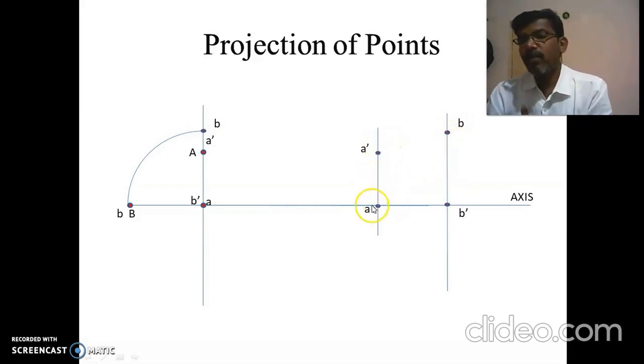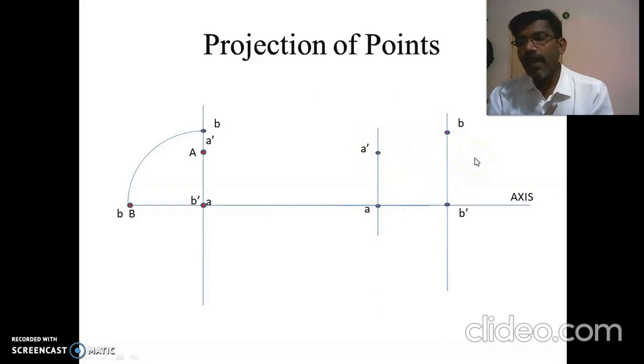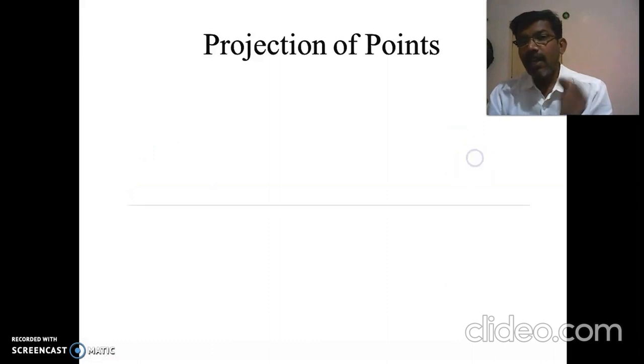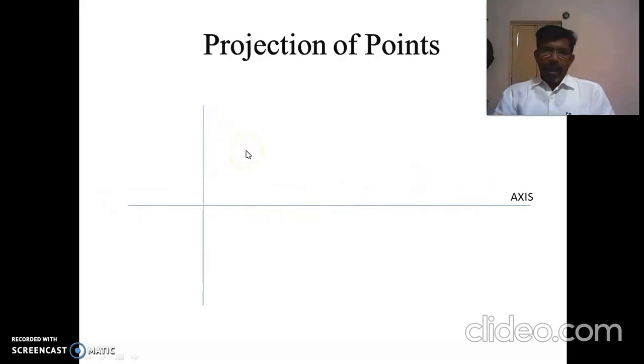Here both the views are on the same axis line, and both the views are above and on the axis, right? So let us go for the third condition, that is in both the views, or in both the quadrants. So like one horizontal line axis and vertical line, and now you look at this point in both the planes.